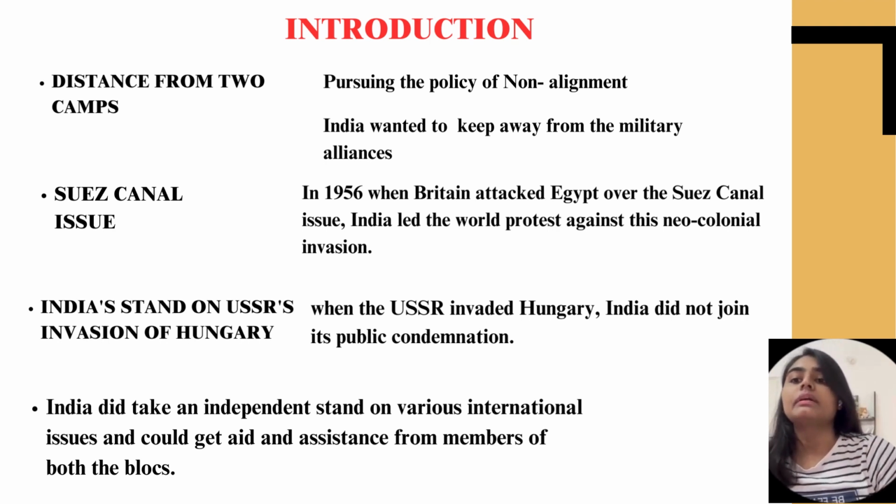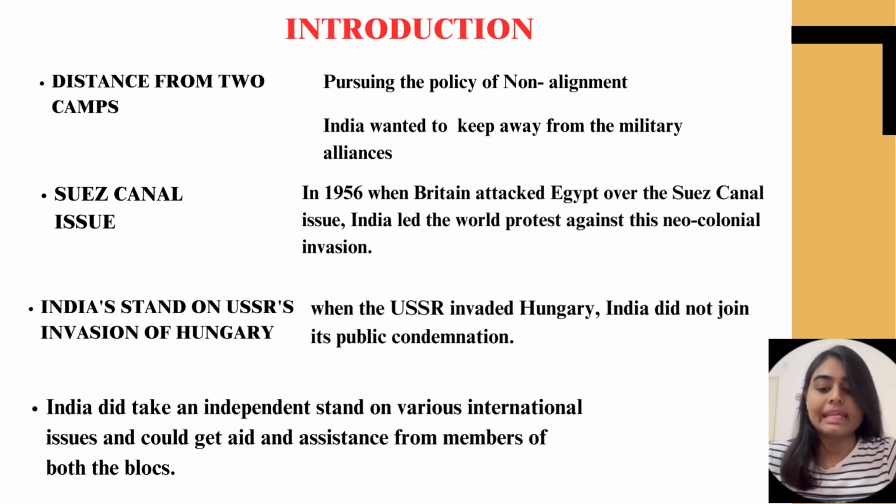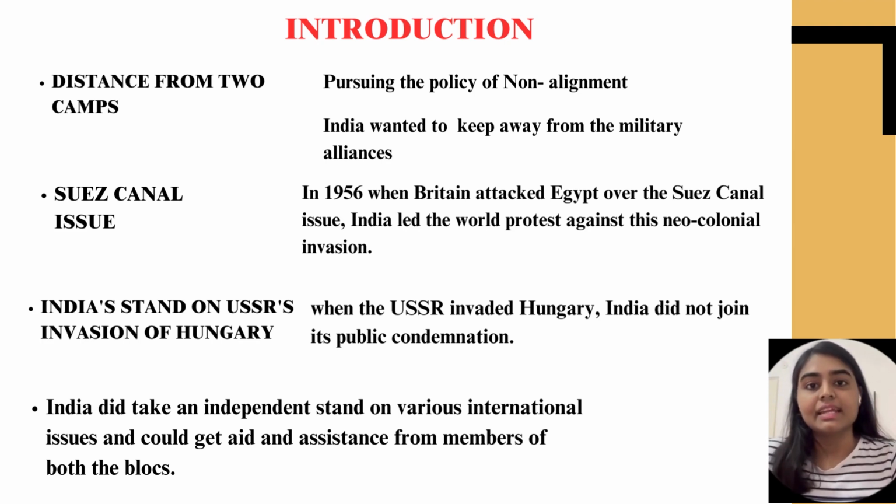But in the same year, when the USSR invaded Hungary, India did not join its public condemnation. So here you see that when Egypt nationalized the Suez Canal and the British government attacked Egypt over this, India protested. But when Russia invaded Hungary, India did not join the public condemnation, and therefore, while remaining non-aligned, India did seem to take the side of the USSR.